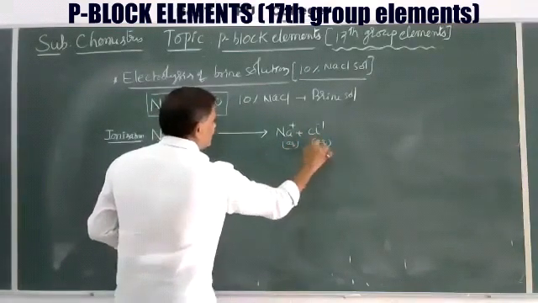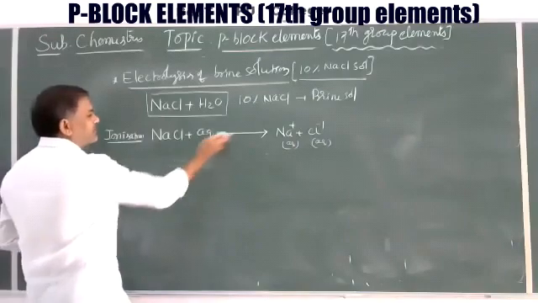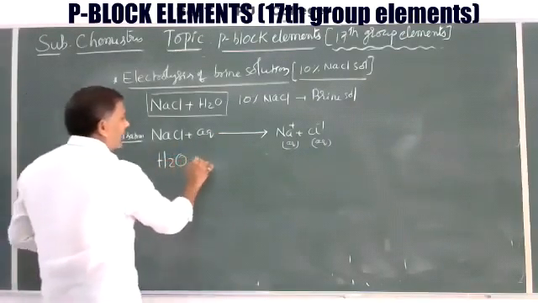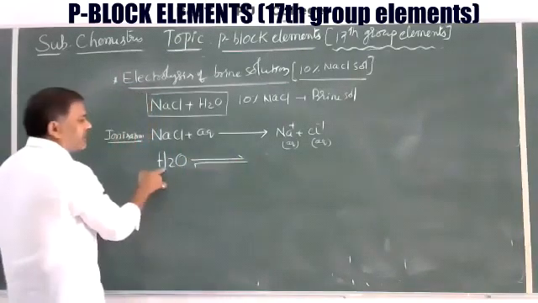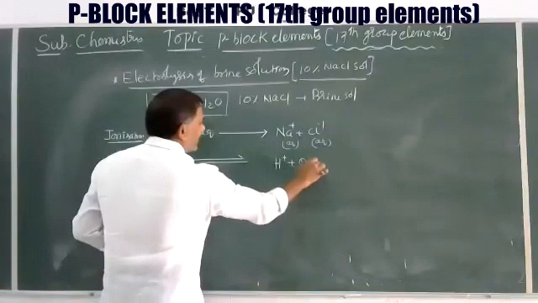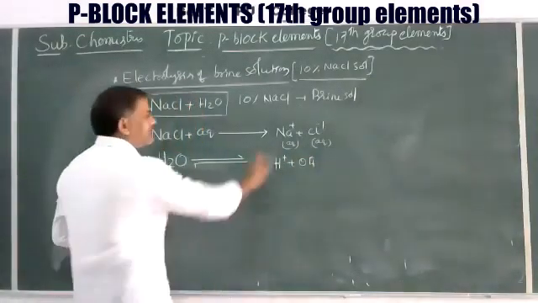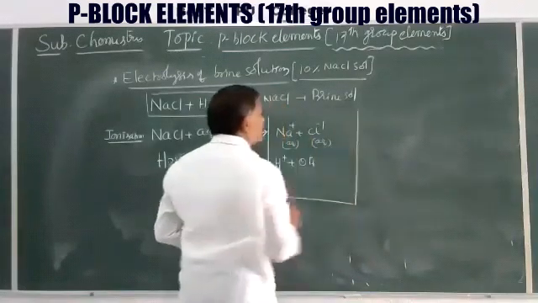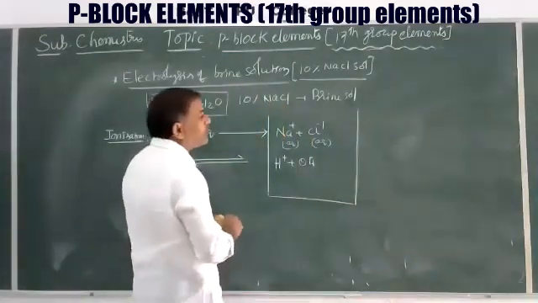This is completely ionized because it is a strong electrolyte. And water is also partially ionized because it is a weak electrolyte, and it gives H plus plus OH minus ions.